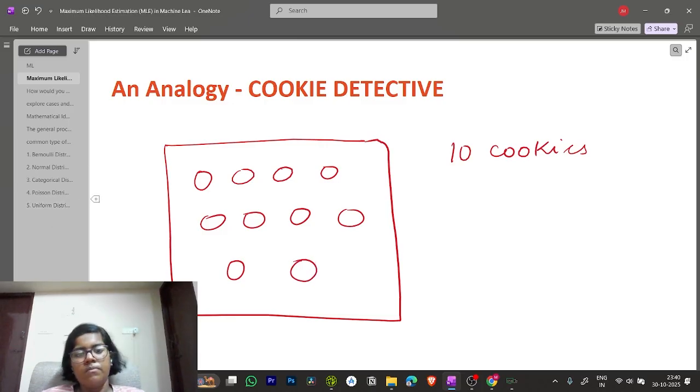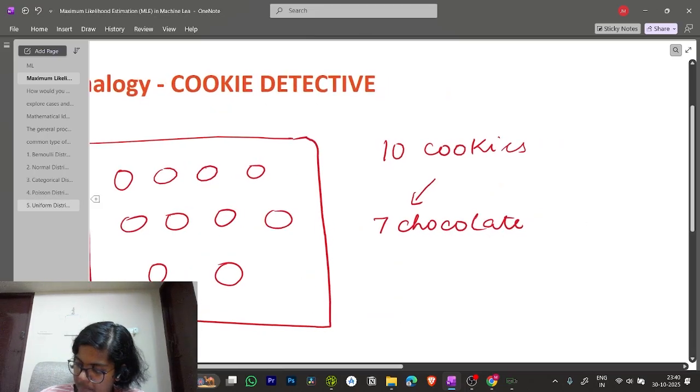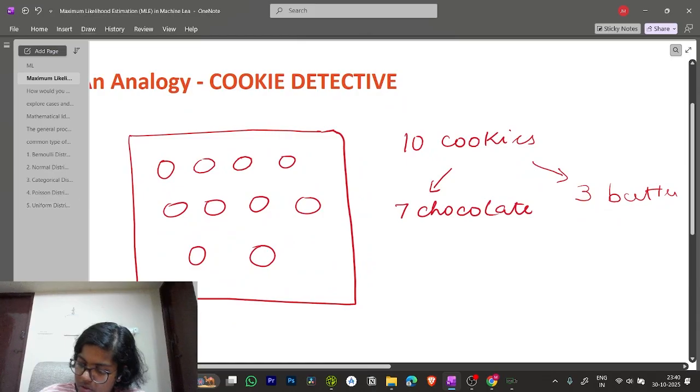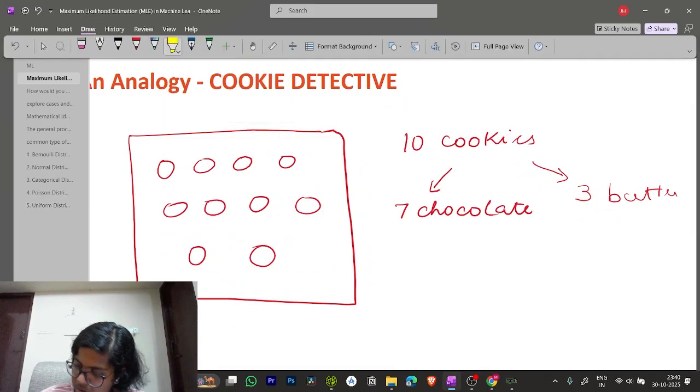There are 10 cookies, out of which 7 are chocolate cookies and 3 are butter cookies, or butter biscuits. Let me take another color.